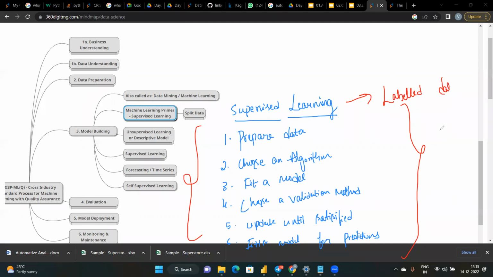What is meant by labeled data sets? A labeled data set is nothing but where we can classify data and predict outcomes accurately.